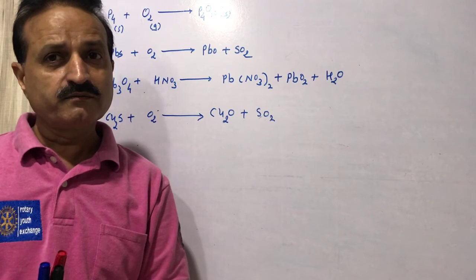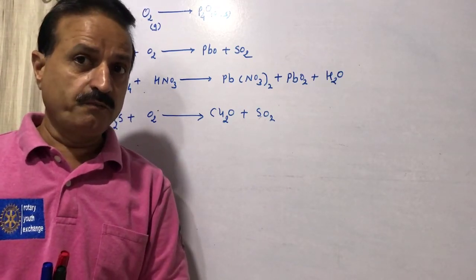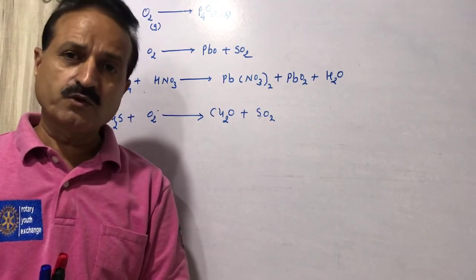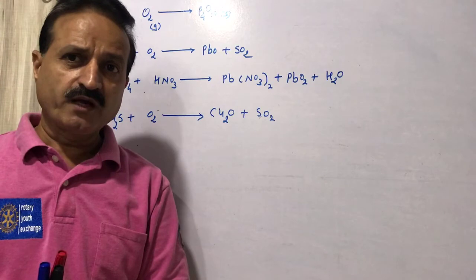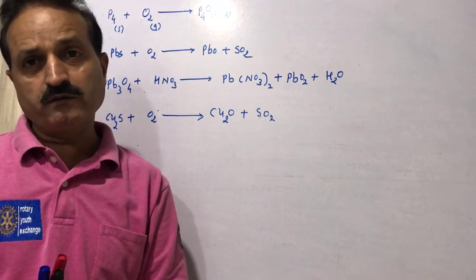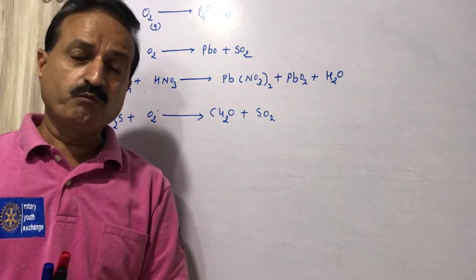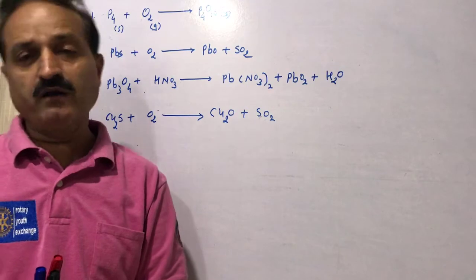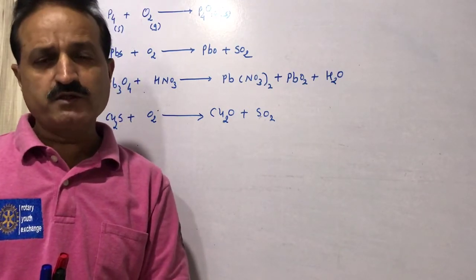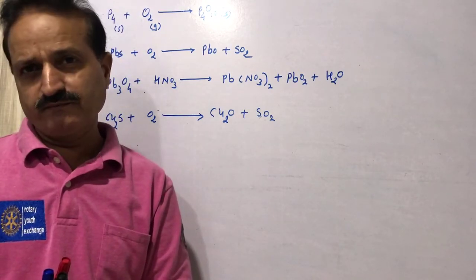Then again we see, is it balanced? If it is not balanced, we must delete the coefficient and put another coefficient to make the number of elements on both sides equal. So error and correction is the motto of balancing equations.